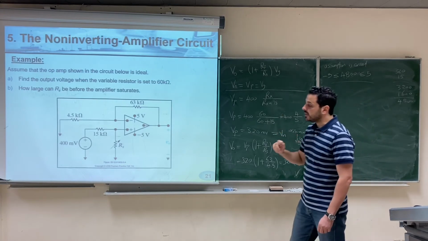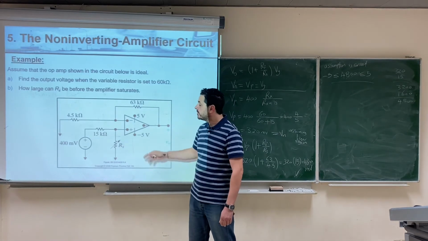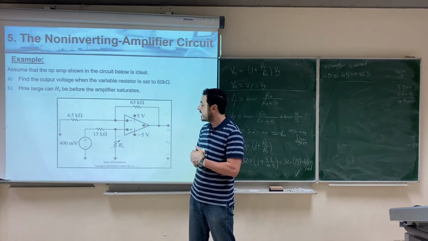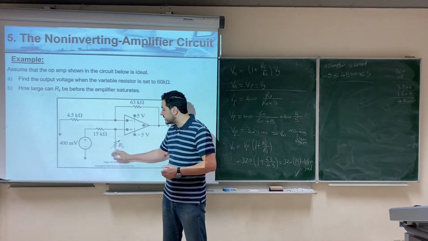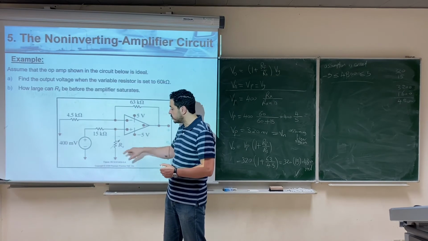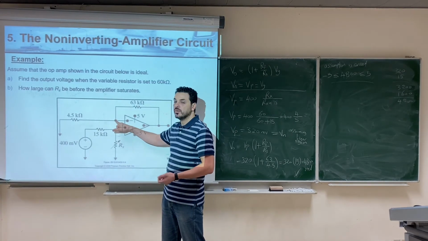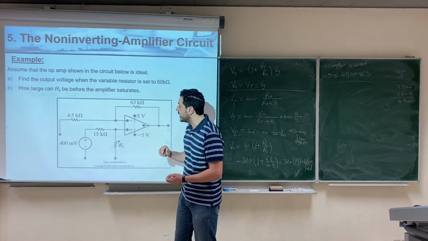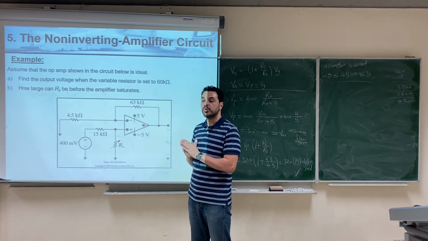The next step, it says how large Rx can be before the op-amp saturates. Of course, as Rx increases, the voltage here increases and the output voltage will increase, right? So if the voltage across Rx increases, Vp increases, Vn increases, and hence V out increases until it reaches 5 volt, and then V output will saturate.